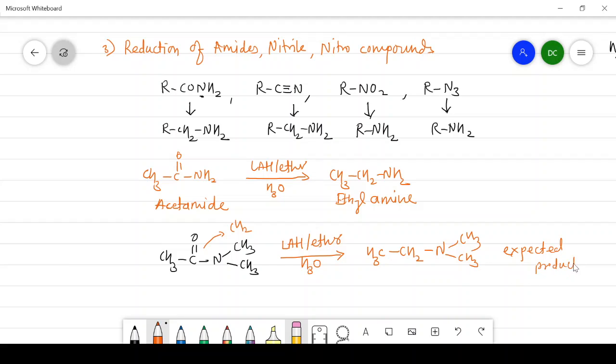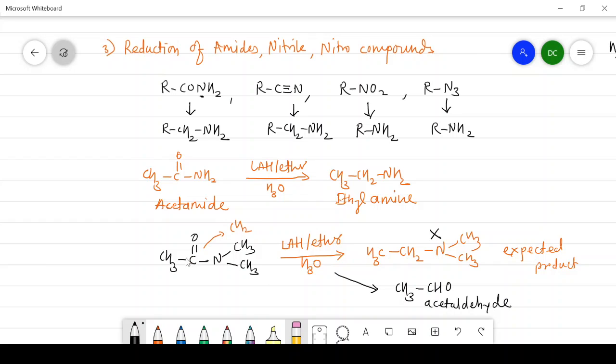But in this case, we get an unexpected product here, and this expected product is not observed. Here we get CH3CHO, that is acetaldehyde. Why is this happening?